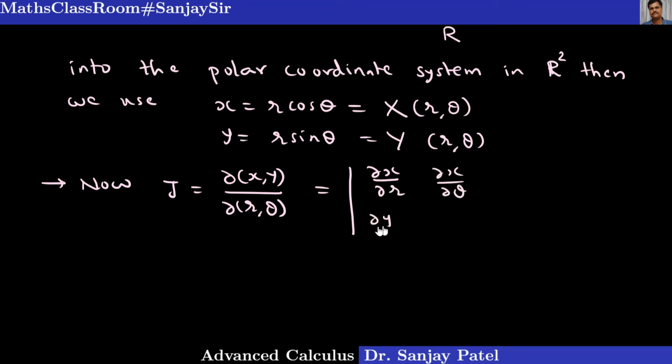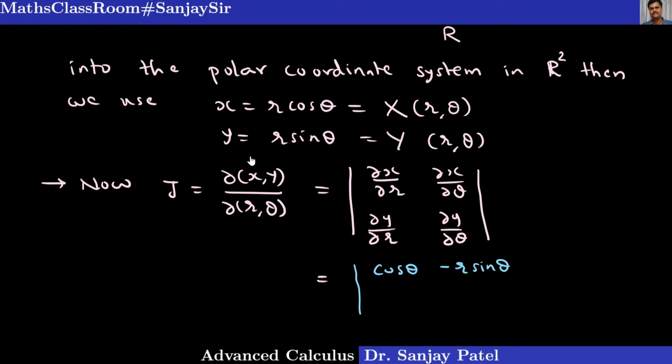Same way, delta y by delta r and delta y by delta theta. If you compute this, it is very simple. Derivative of x with respect to r, so theta is constant and derivative of r is 1, so we'll get only cos theta. Derivative of x with respect to theta, so r is constant and derivative of cos theta is minus sine theta, so it is minus r sine theta.